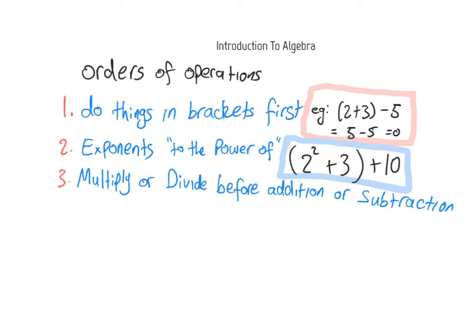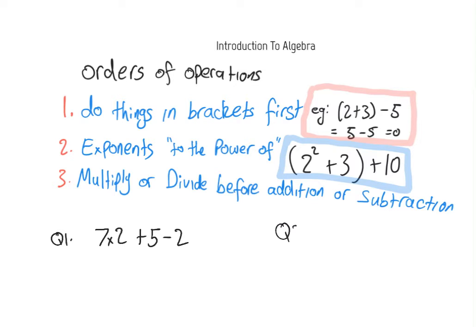Okay, now the second last order of operations rule that we have is to multiply or divide before any addition or subtraction. So what does that mean? We've got, let's say, 7 times 2 plus 5 minus 2. That'll be question 1.